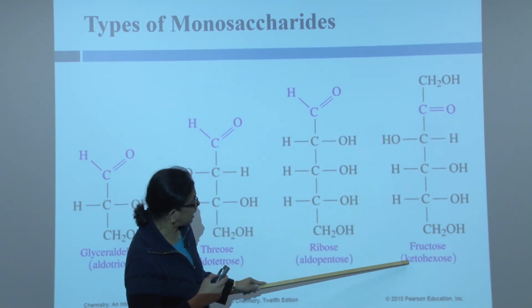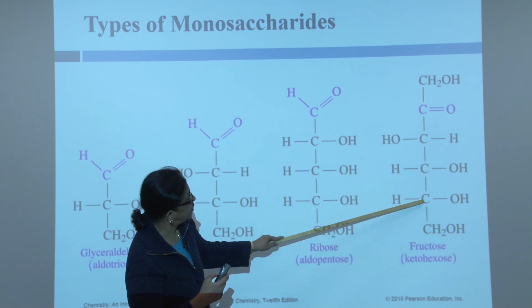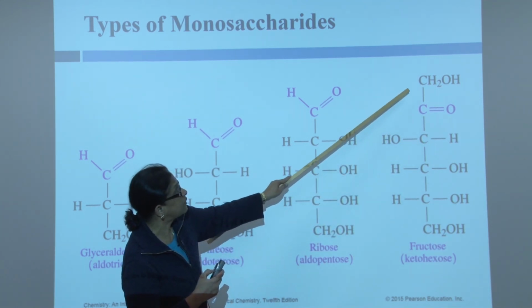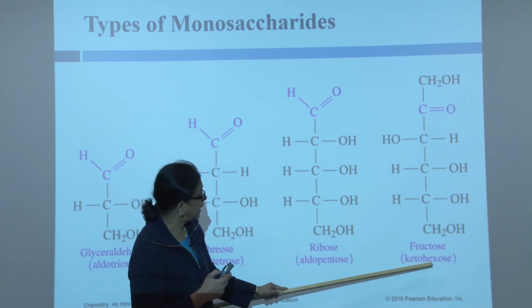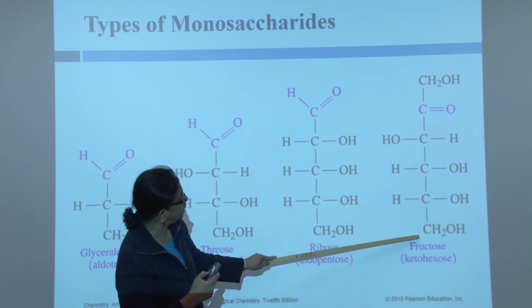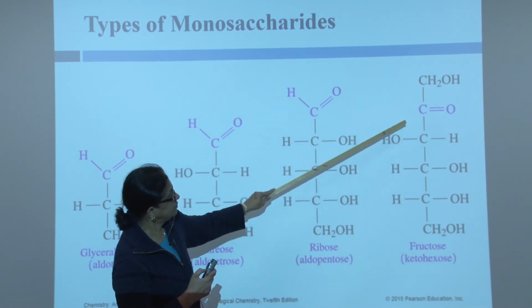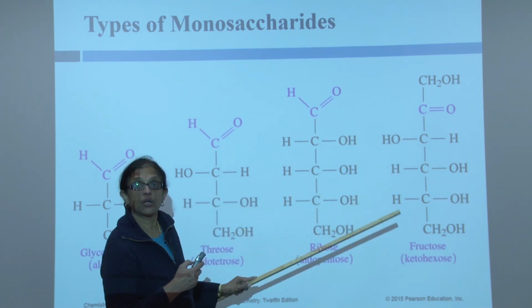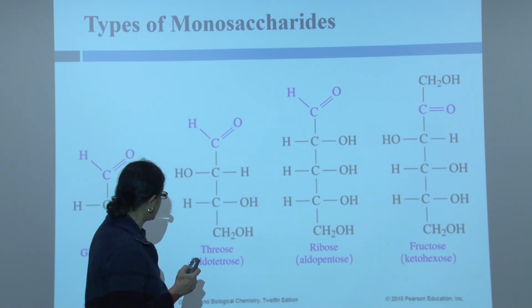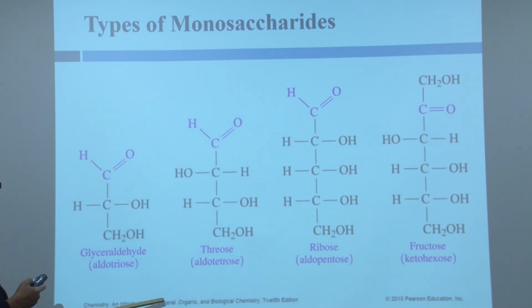Okay? So this is keto, 1, 2, 3, 4, 5, 6, hex, 6, ketohexose. This is a fructose molecule. This is a monosaccharide. Glucose is a monosaccharide. Fructose is a monosaccharide. So this is how we connect the name and the structure.